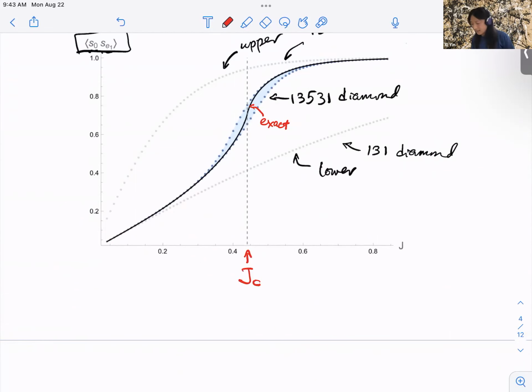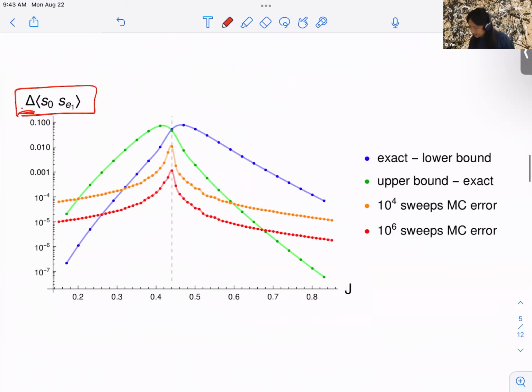If you compare the exact result to the lower bound, it's very tight for J below JC. So this will be the high temperature phase, and J above JC will be the low temperature phase. And the low temperature phase is a little worse. So indeed, you can see that for the blue dots, this is the difference between the exact result and the lower bound, and it tightens very quickly for J below JC.